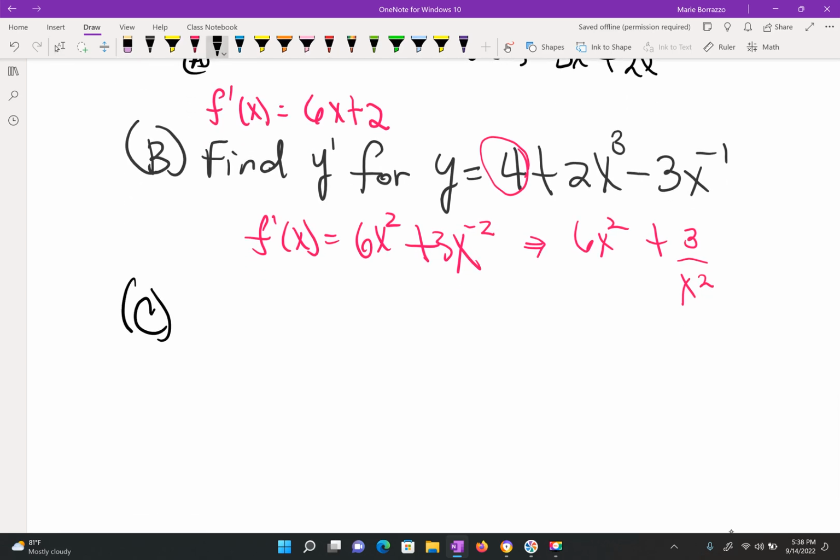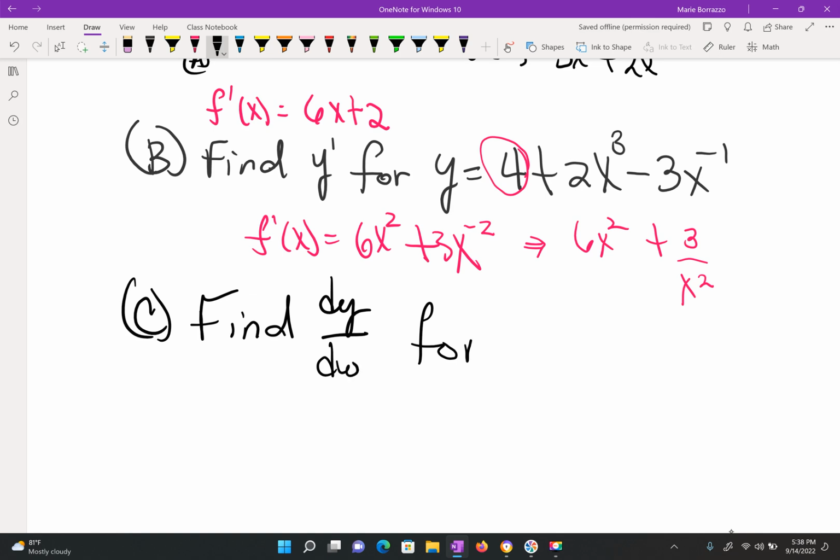So part C. The question here says find dy over dw. That is a w. I promise you, it's a dw.